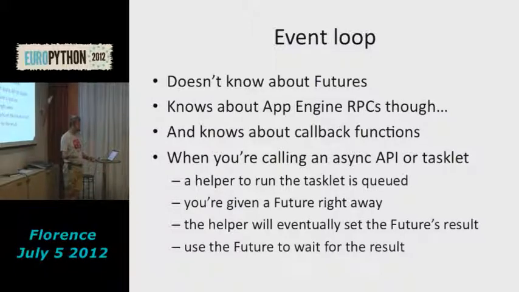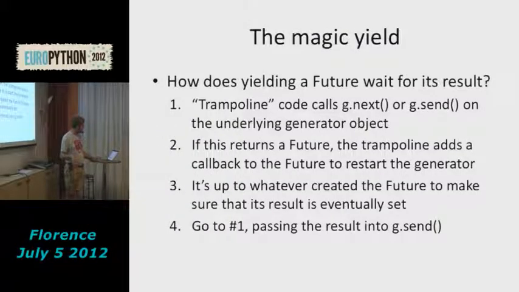That helper function, that callback, when it sees that the I/O is done, it will just tell the future, here's the result, or maybe here's the exception, if that was what happened. And that will then trigger all the subsequent callbacks, and the results bubble up. So always just use the future to wait for the result.